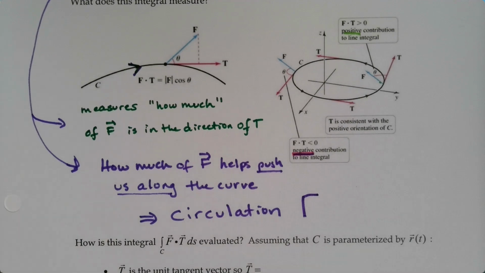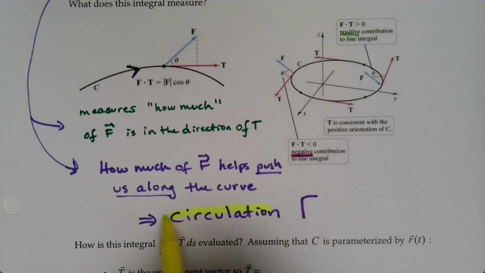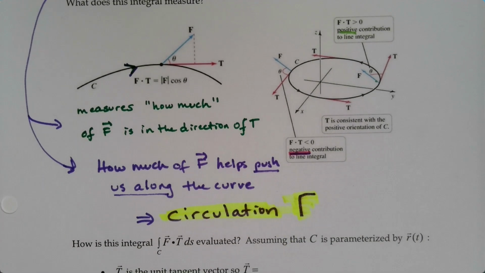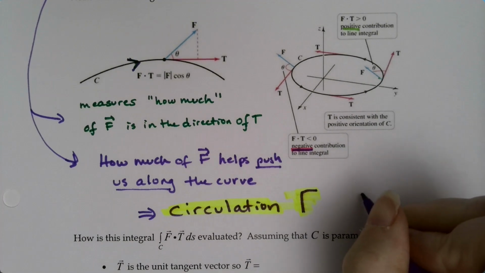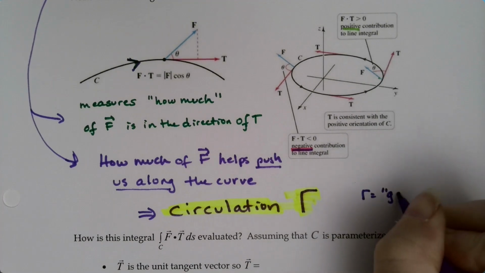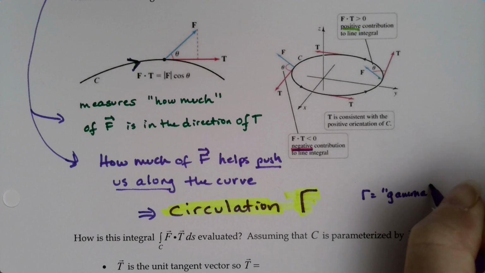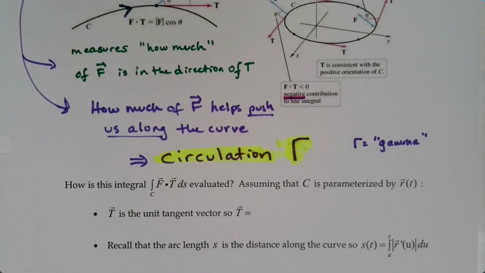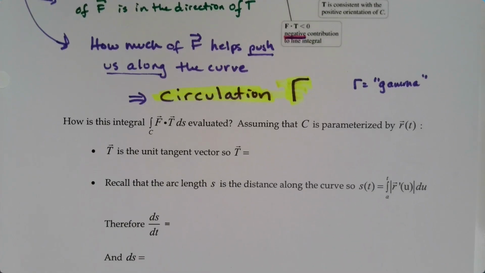That is the symbol gamma, G-A-M-M-A. It's a Greek letter. I'll just put that in right here. Uppercase gamma.